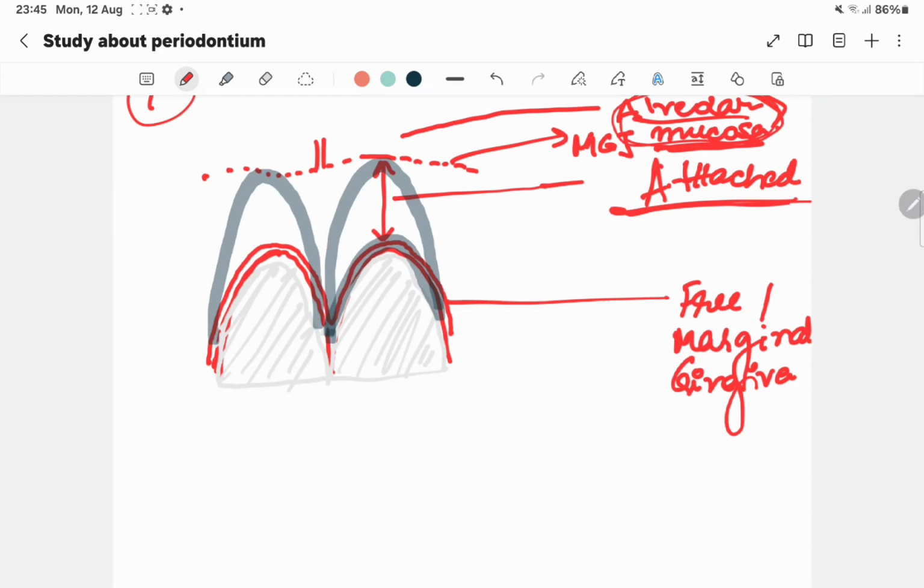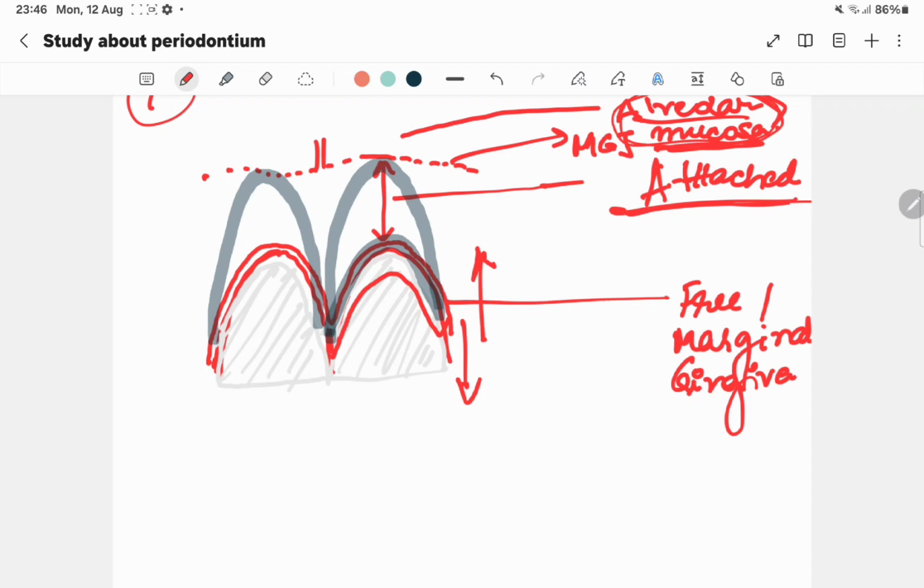So in normal periodontal tissues it extends approximately 2 millimeters coronal. This direction is apical and this direction is coronal. So it is 2 millimeters coronal to the cemento-enamel junction.